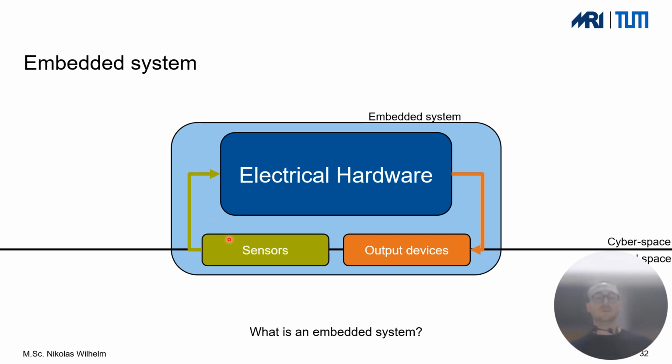And for that, we need some kind of measurement of the environment. So we need something like sensors, and we also might need to interact with our environment, like using an actuator or something that can really give the patient some feedback or display something on a screen. All this is then connected with some logic, the electrical hardware, the embedded system as a final solution.